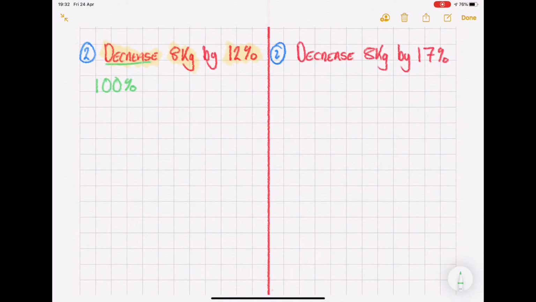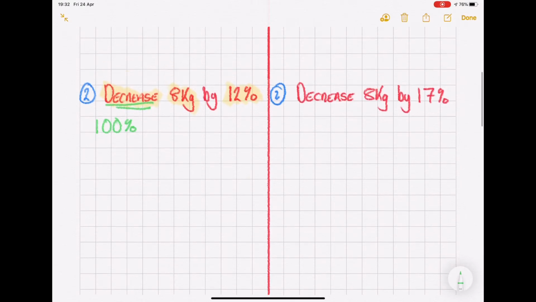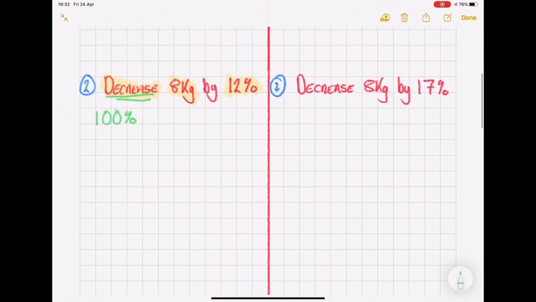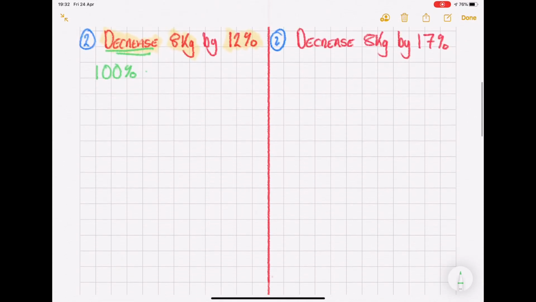But because it's decreasing, which means getting smaller, as opposed to adding, like we did up here, I'm going to take away my percentage. So 100% take away 12%. And if I do that, I end up with 88%.